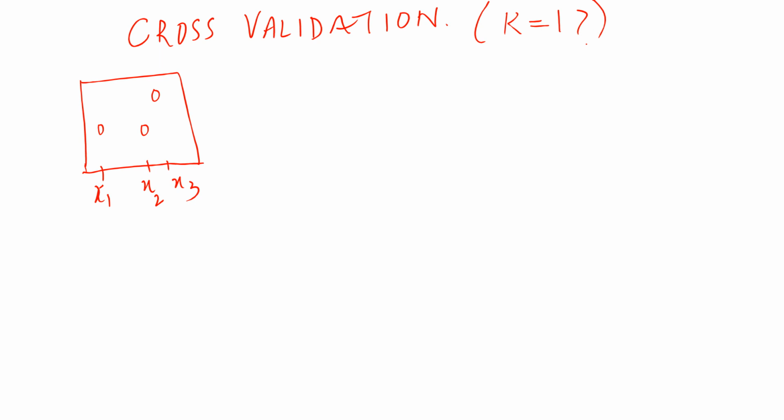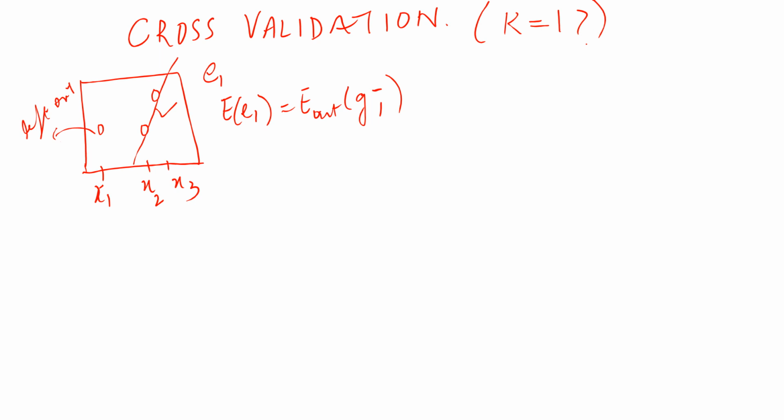The very first time, I try to fit just these 2 points, and this is the one that I left out because I'm using validation. This is the fitted line here, right? And I will get the validation error as E1. By definition, the expectation of this is E out of G1 minus, right?